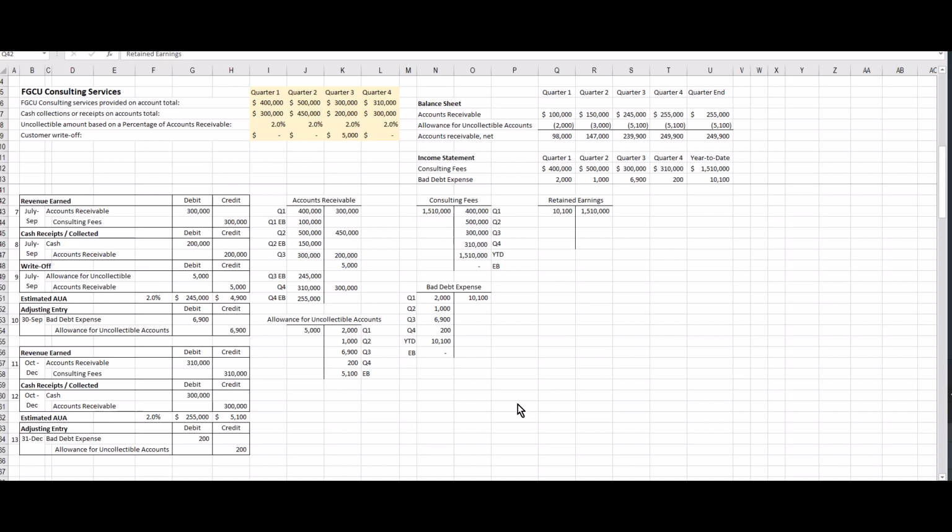The aging of receivable methods has the same focus, but recognizes that the longer accounts are past due, the less likely they are to be collected. Finally, the percentage of sales method focuses on the income statement and the relationship of uncollectible accounts to sales.